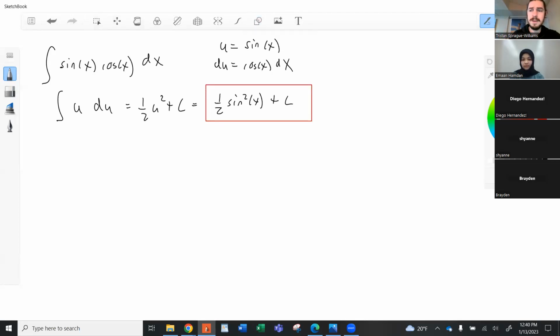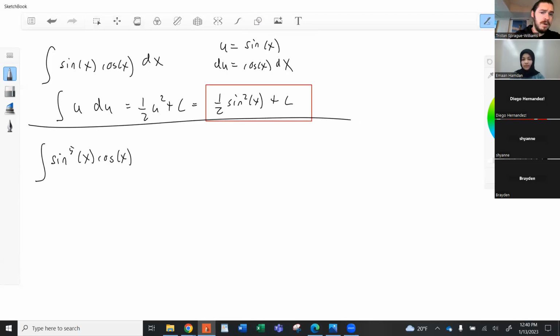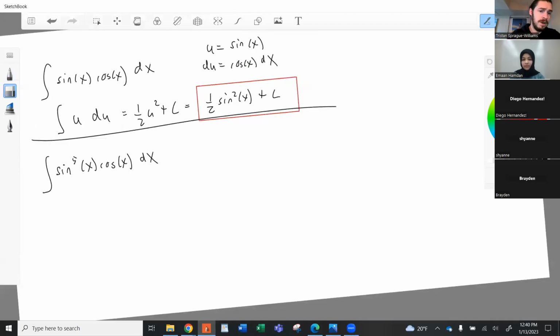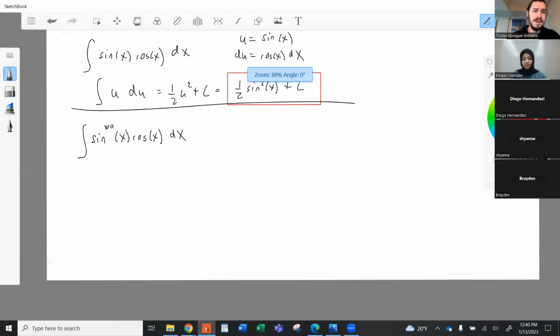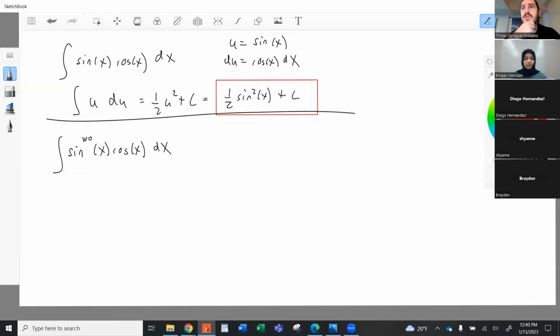If it's something like that, you could take a very similar strategy if instead of just sine times cosine, it was like, say, sine to the power 5 times cosine. Or honestly, sine to the power like anything, sine to the power 100. Let's just illustrate the point by taking something kind of ridiculous. Sine to the power 100 times cosine.